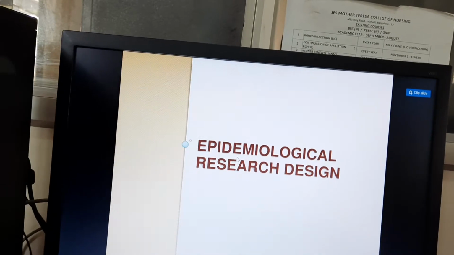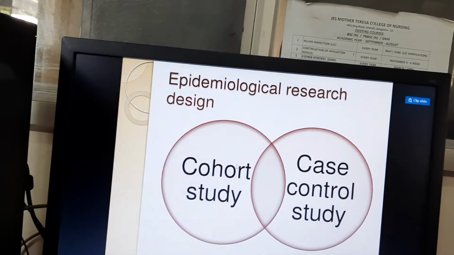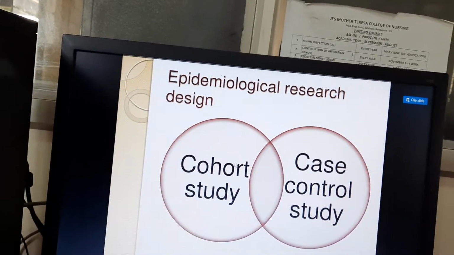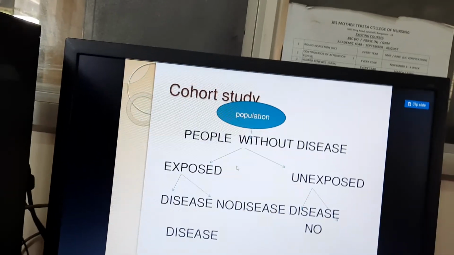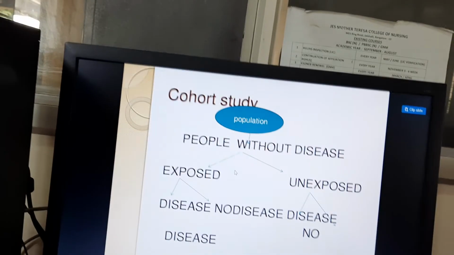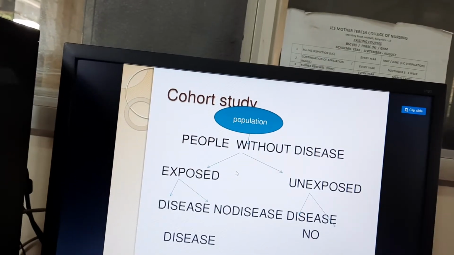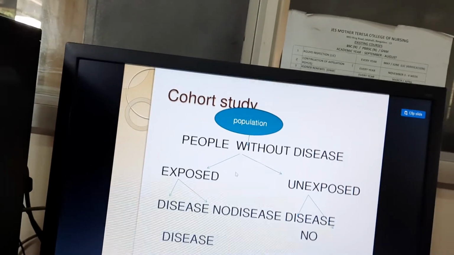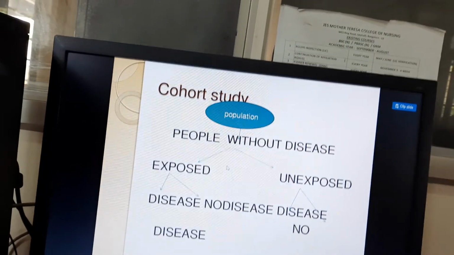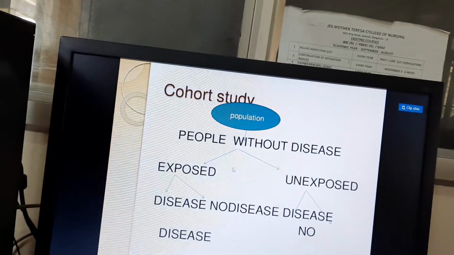Epidemiological research designs are cohort study and case control study. A cohort study is with people without disease, exposed and unexposed, where disease or no disease can occur in both groups.